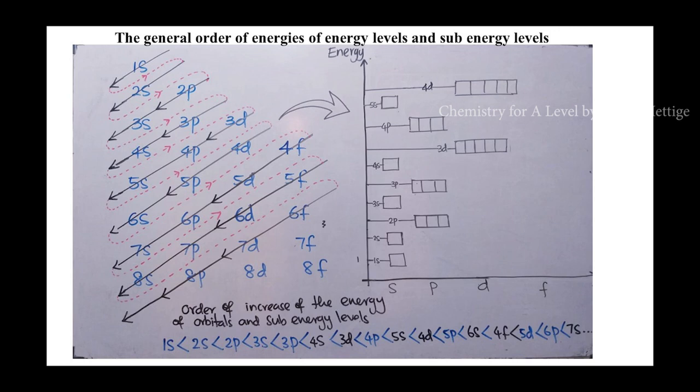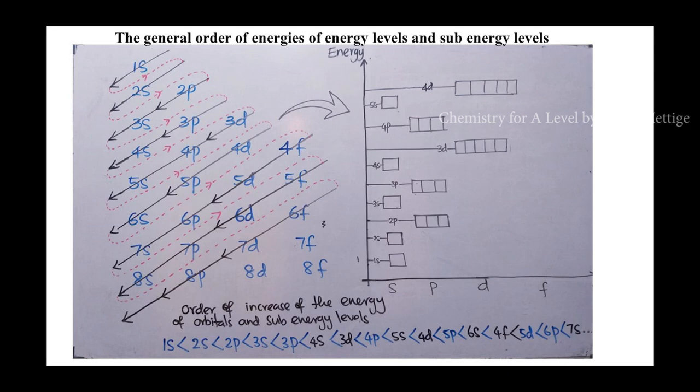That means in the third main energy level, the energy of the 3p sublevel is greater than 3s, and 3d is greater than 3p. But sometimes the 4s level has less energy than the 3d level, due to the penetration of the different orbitals with respect to the nucleus.